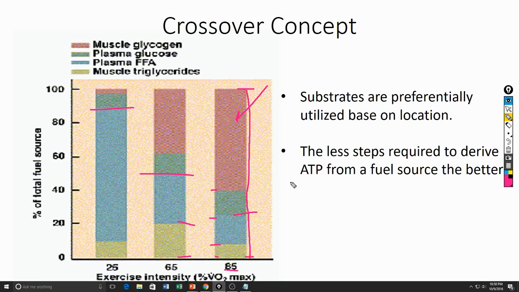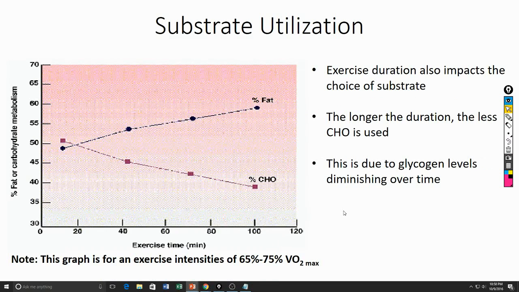So what we're seeing is, especially with glucose, the proximity to muscle, or the not having to go from blood into muscle, makes a big difference to how much of each kind of glucose we're using, right? Because you see we're using a lot more glycogen as we start working harder.